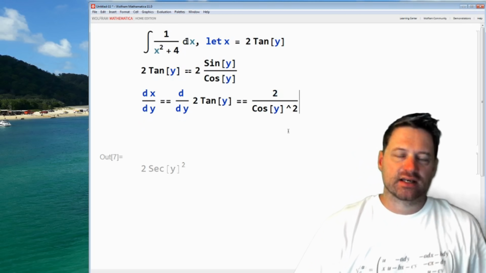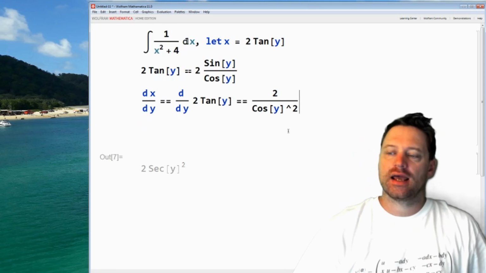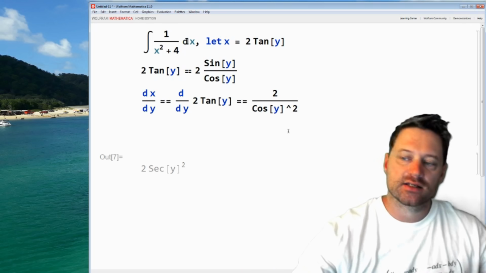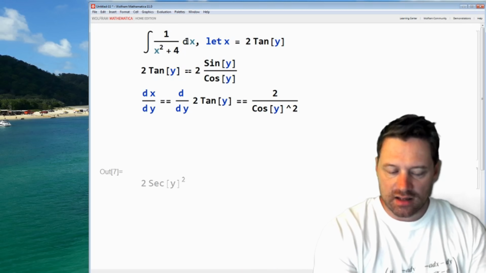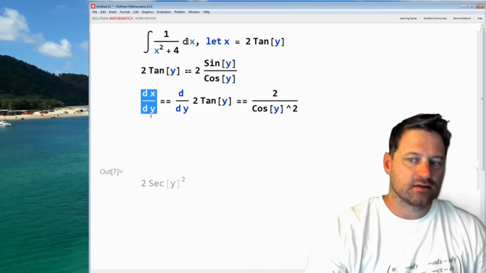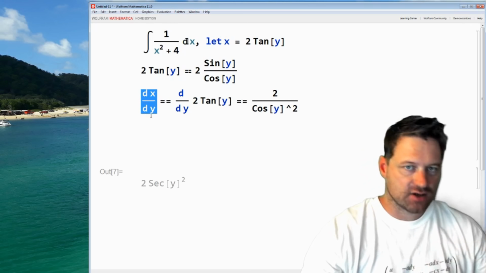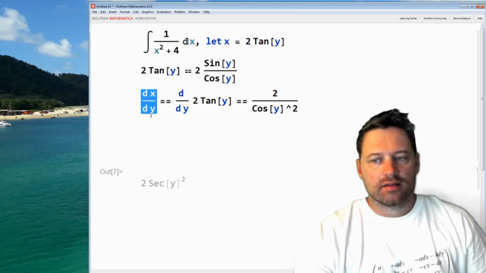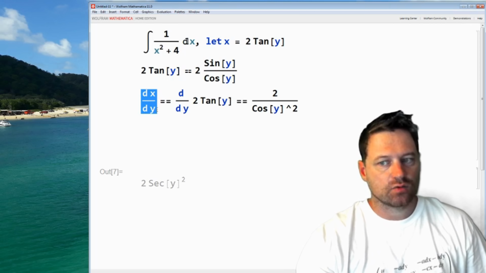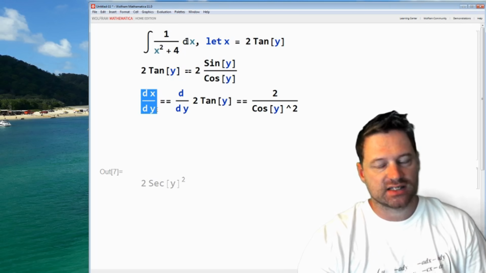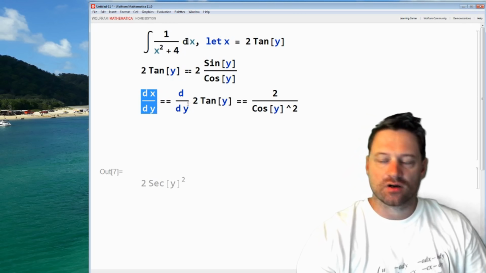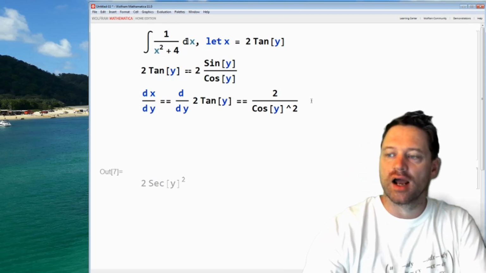And now what I'm doing is I want to use this in aid to knowing what substitution to make. Okay, so this tells me that if I were to rearrange this as if this derivative is a fraction, but it is not a fraction, what I would do if I'm thinking of this temporarily as a fraction is multiply both sides by dy, and that says dx equals twice dy over cos squared y, right?